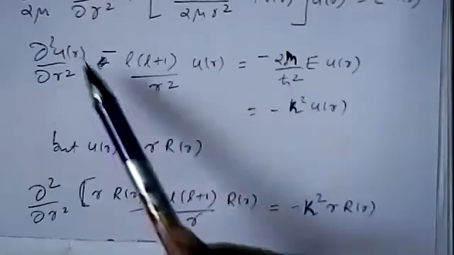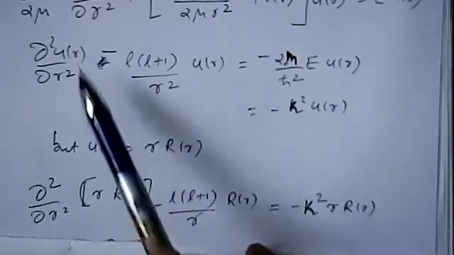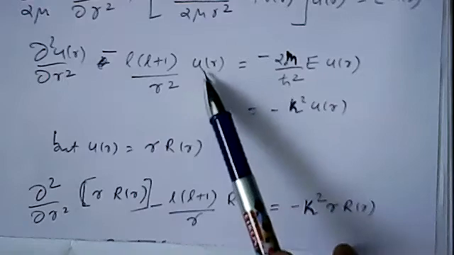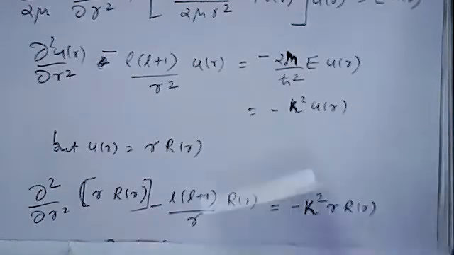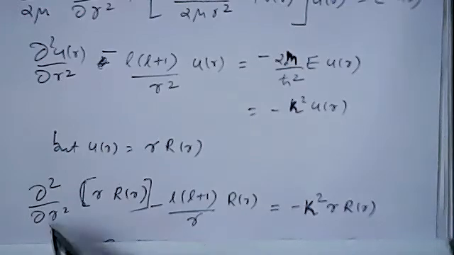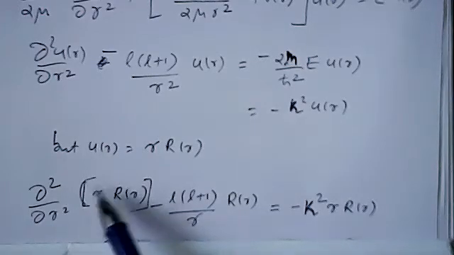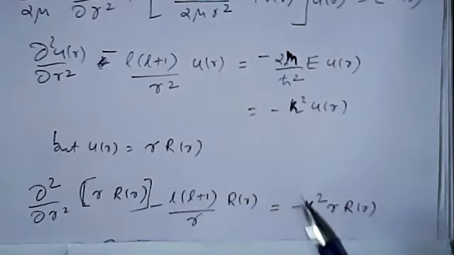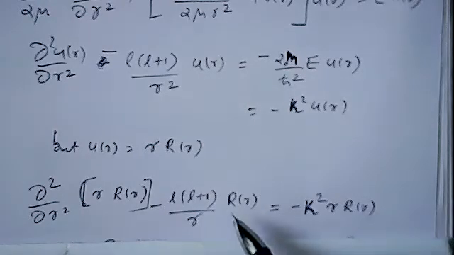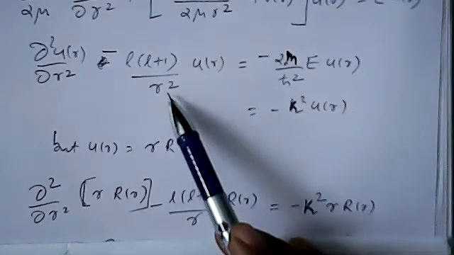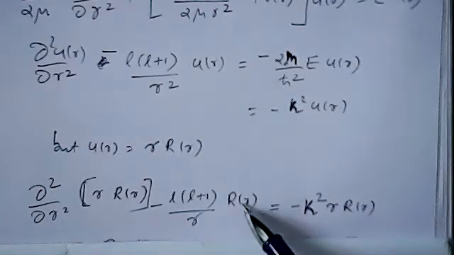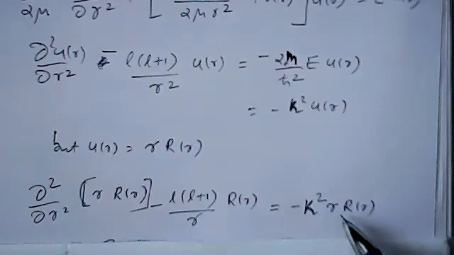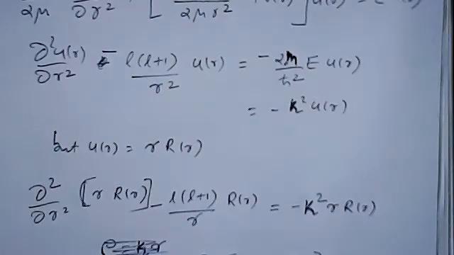Now substitute for u. Here you put small r into capital R, here also small r into capital R. Okay. So the equation becomes like this: dou square by dou r square of small r into capital R. Here one small r cancels. This is r square, so that becomes r, then capital R, then minus k square r capital R.